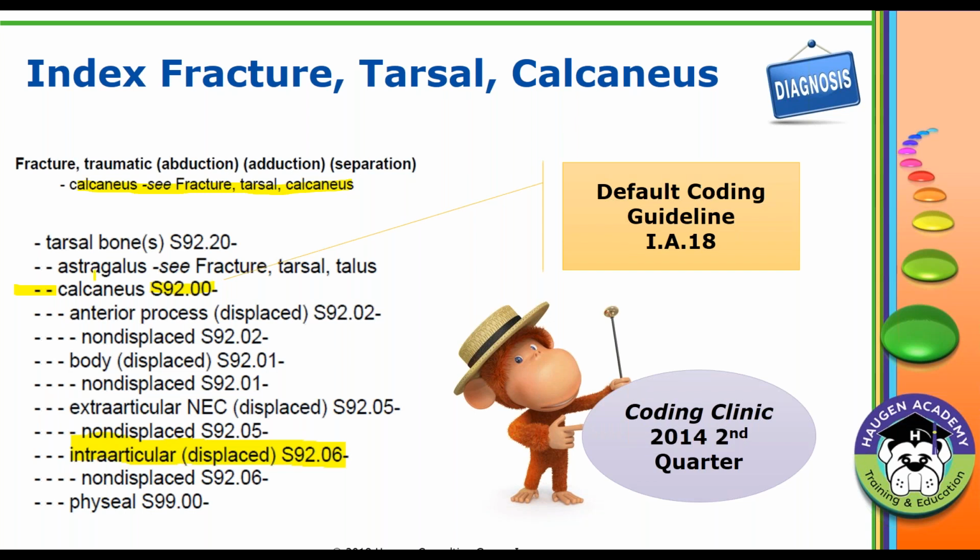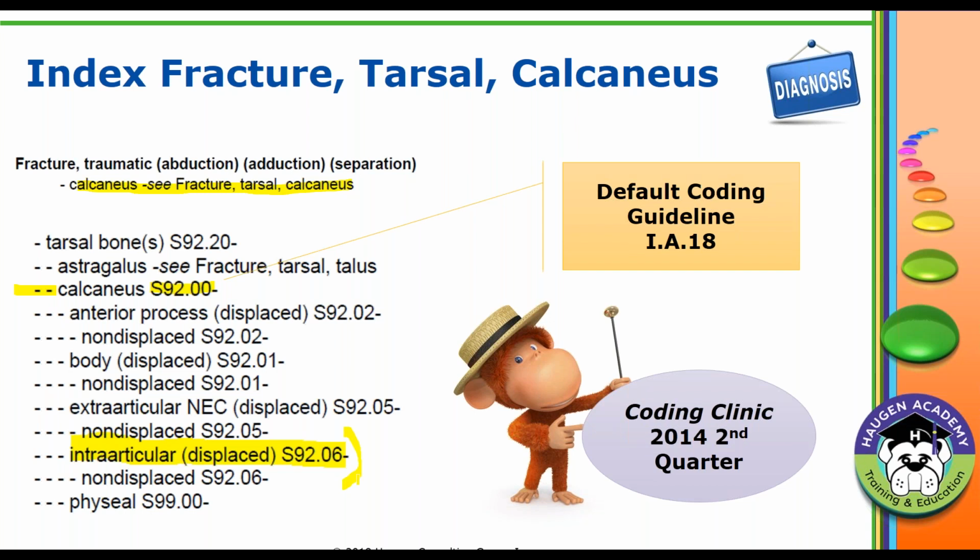So in this case, our default code would be S92.00. But fortunately, remember, we had that bit of information from our radiology report that said this is an intra-articular fracture, which is a term listed in the index. So that would take us to S92.06.